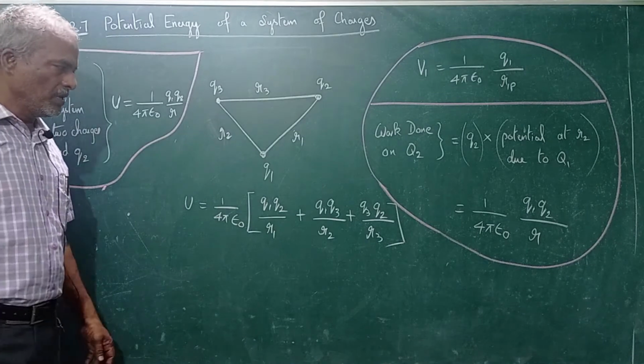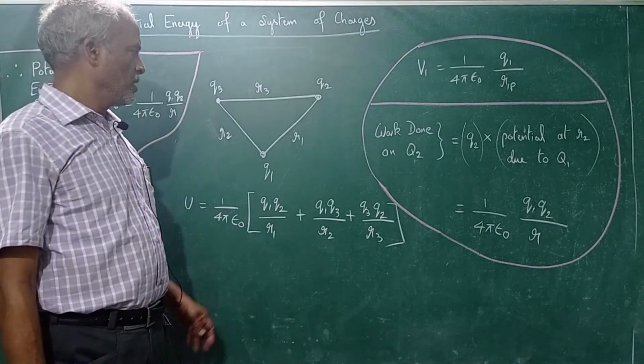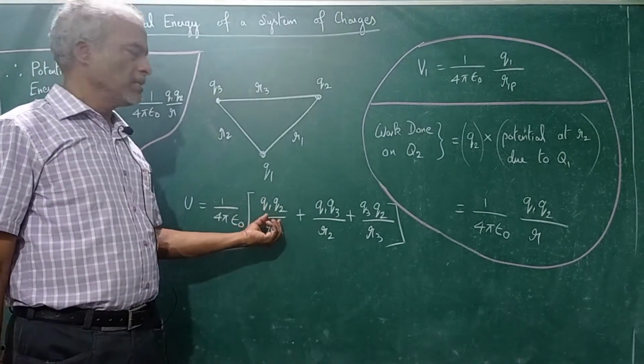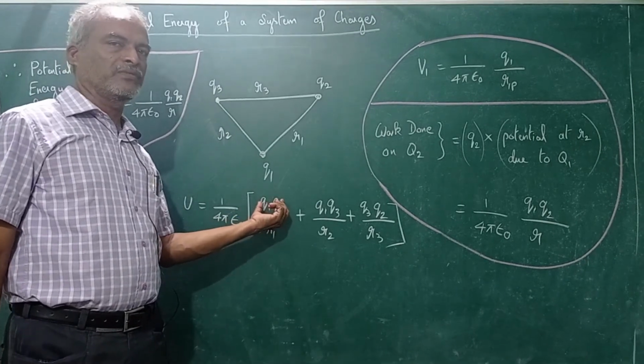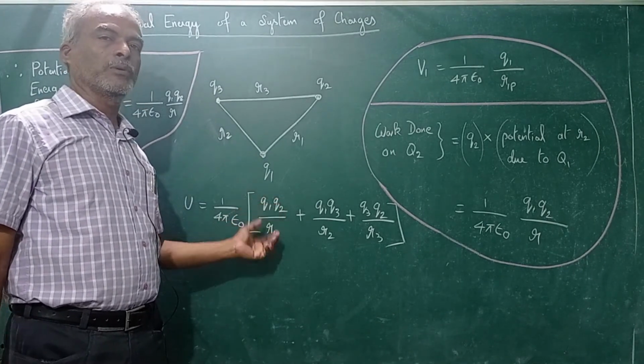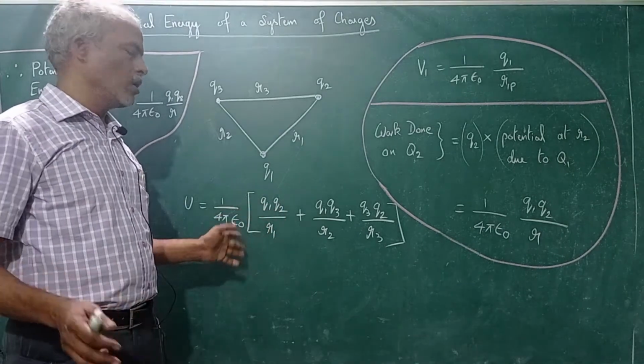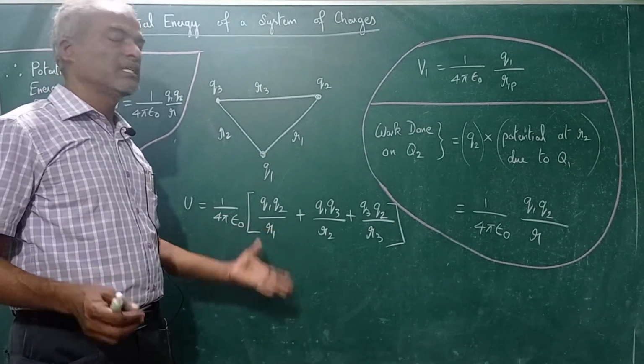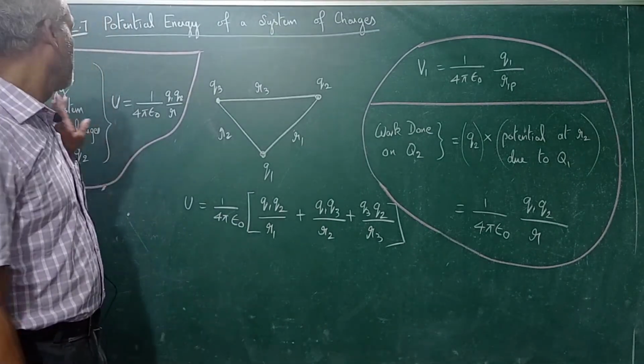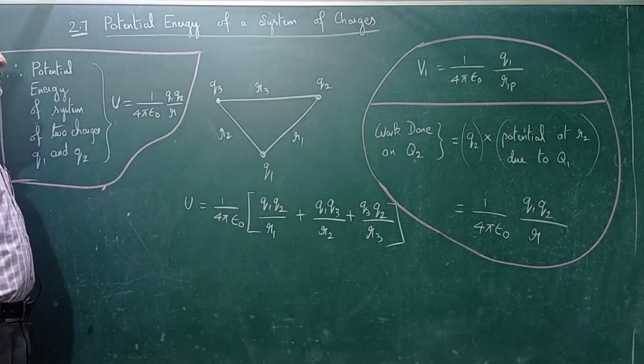Okay. Now here the important point is, for each case it depends on the product of charges and inversely proportional to the distance. Therefore, you all know already, if the distance increases, the potential energy decreases.